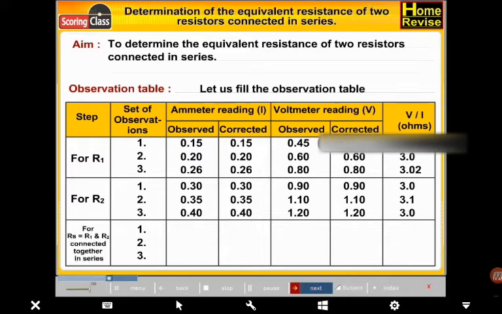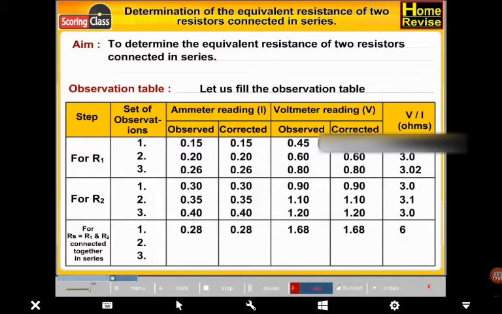For Rs, equal to R1 and R2 connected together in series. For first set of observations, ammeter reading observed 0.28, corrected 0.28. Voltmeter reading observed 1.68, corrected 1.68.